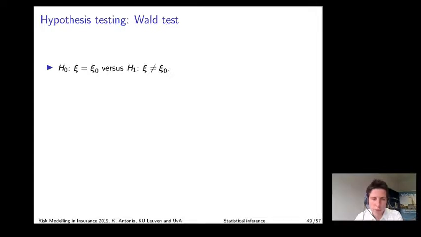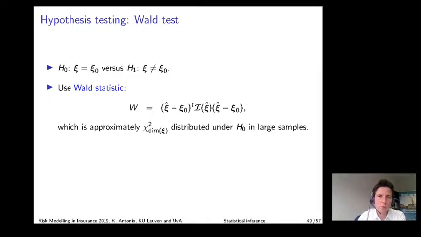Now, the Wald test statistic allows you to test a null hypothesis where xi equals xi0 versus the alternative where xi differs from xi0. This test statistic is approximately chi-square distributed under the null hypothesis, the degrees of freedom being equal to the dimension of the parameter vector xi.